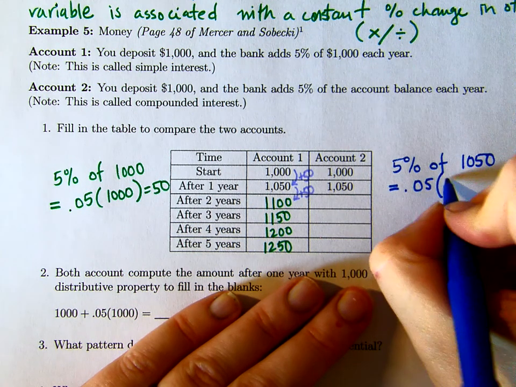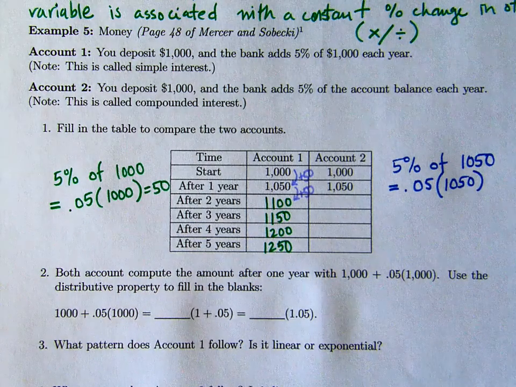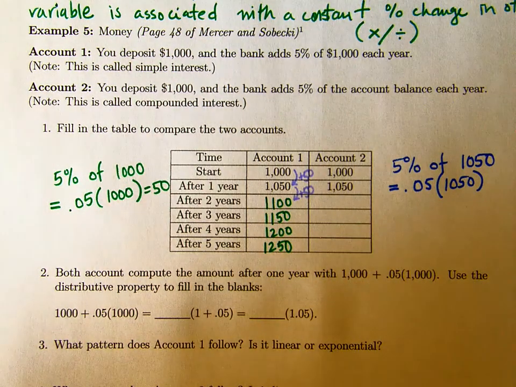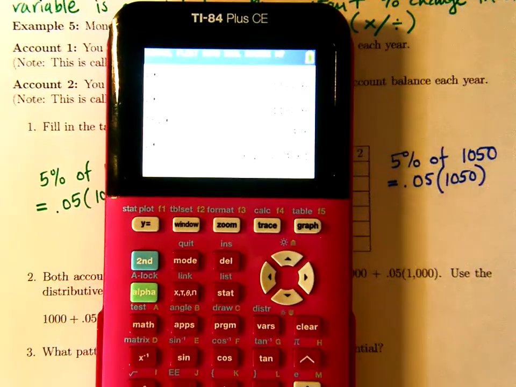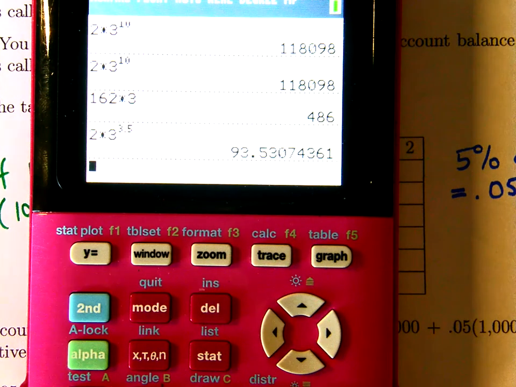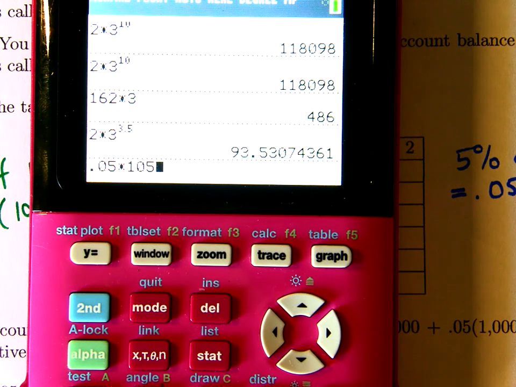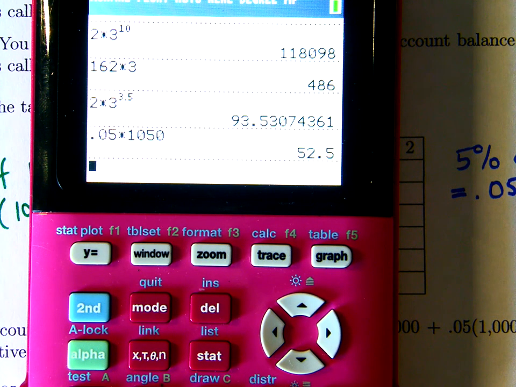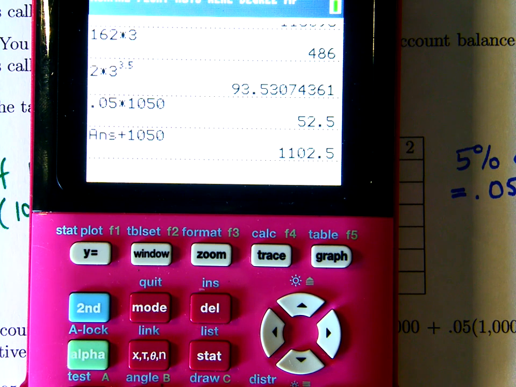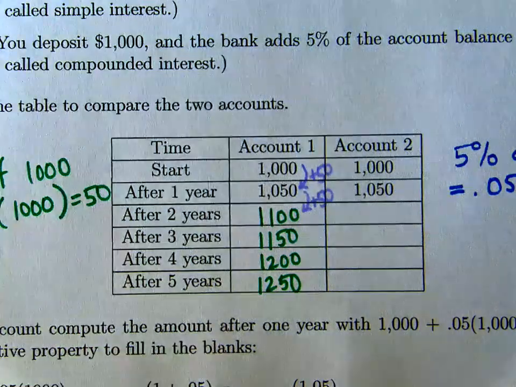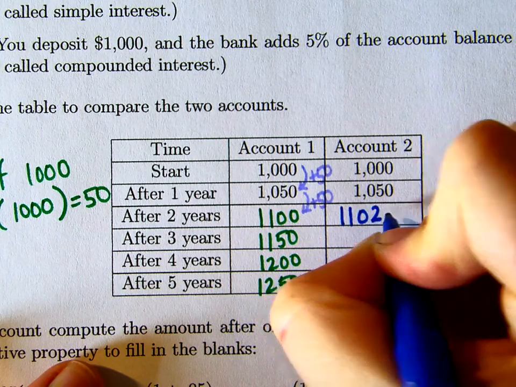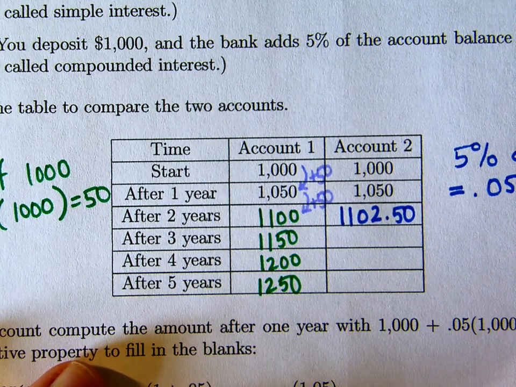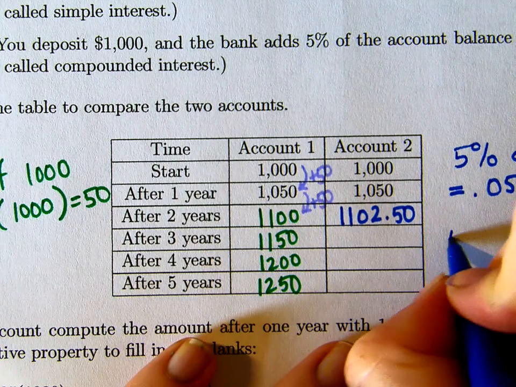So 5/100ths of 1,050, and that is going to be added. 5% of 1,050 is $52.50, but I'm adding that to the 1,050 that's already in the account. So I end up with $1,102.50. Okay, let's write that. $1,102.50. Got it.